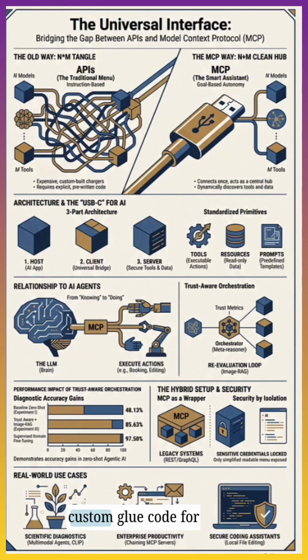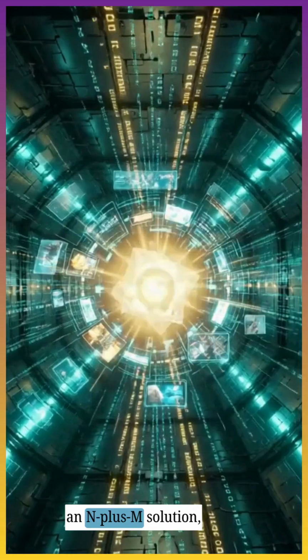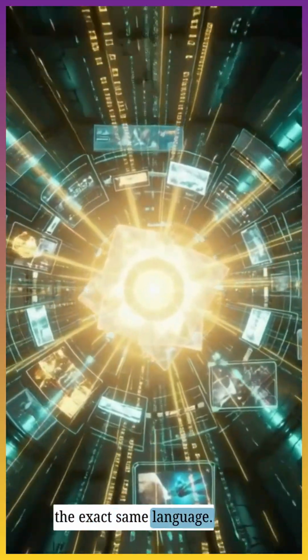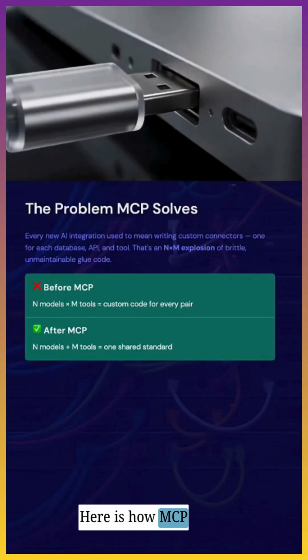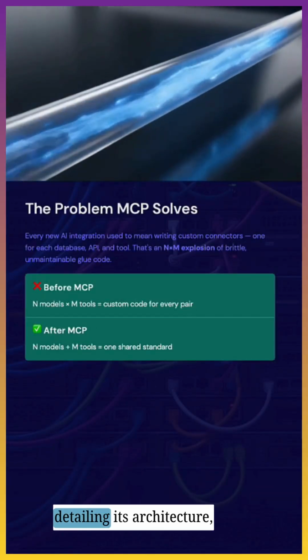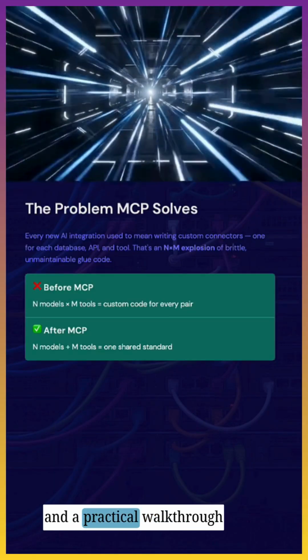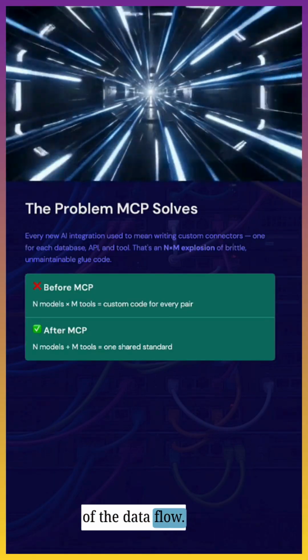Instead of writing fragile custom glue code for every single database or API, the classic N by M integration problem, MCP establishes a unified structured connection standard, an N plus M solution, where models and external systems speak the exact same language. Here is how MCP operates as a data pipe, detailing its architecture, the data that flows through it, and a practical walkthrough of the data flow.